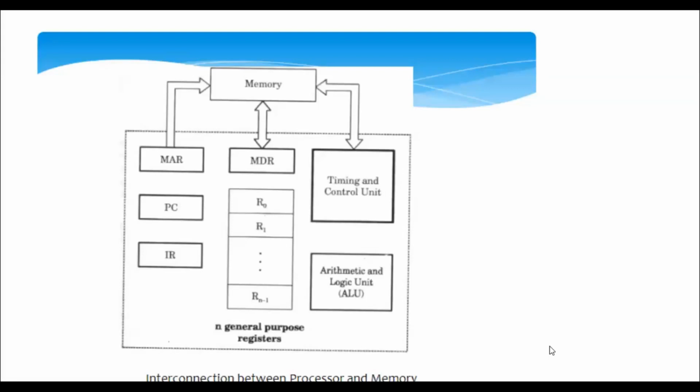In computing, the instruction register is part of the CPU's control unit. It is another type of central processing unit register, used to store the instruction that is currently being executed or that will be decoded.